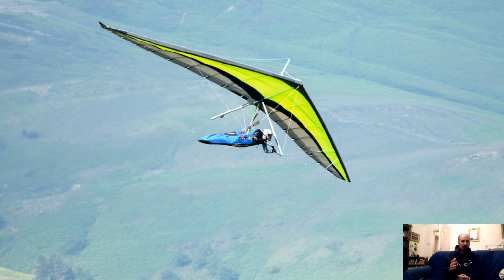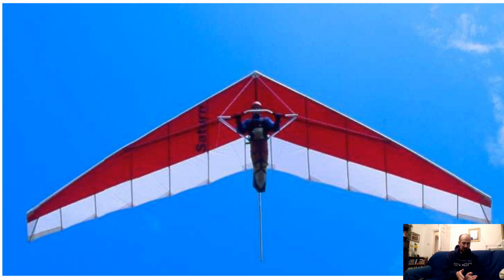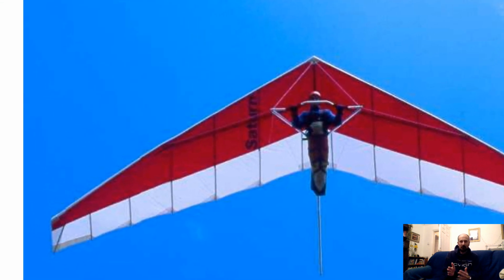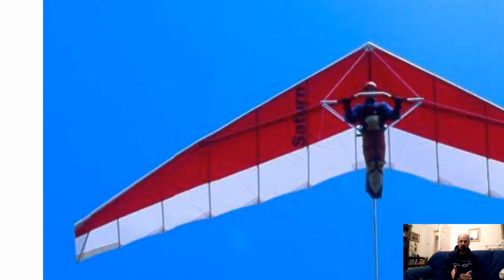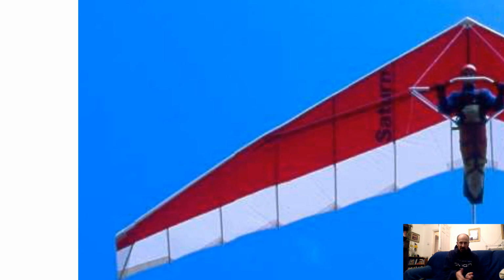So the first thing we can see, just when we look at the plan form, is that it's not an elliptical shaped wing. It doesn't have the elliptical plan form. It's much more tapered. So the tips are effectively not pulling their weight, and the root is going to be working harder than it should be.